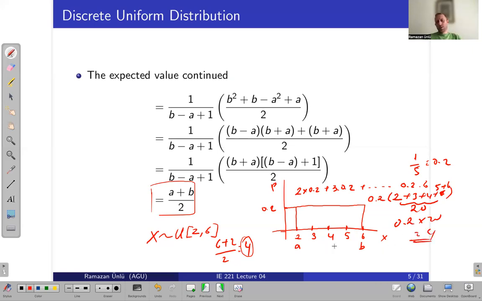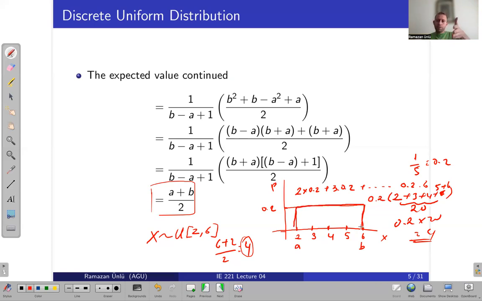So as you see, instead of doing all these operations, you can simply use this formulation, because this random variable has a unique shape, and this is the shape of this distribution.